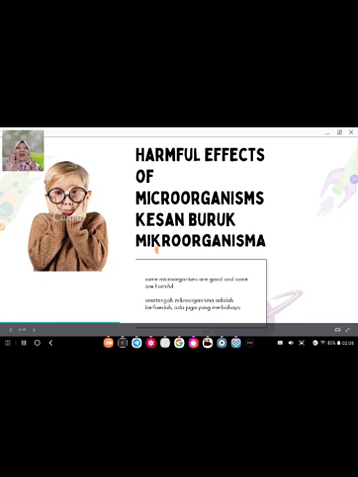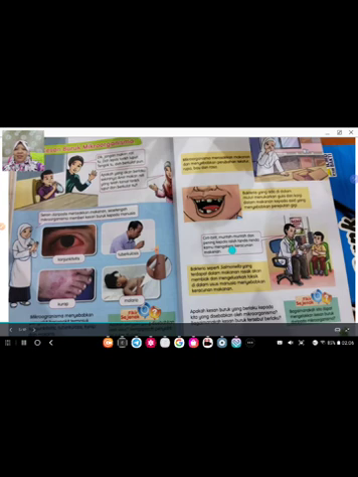Okay. Now we are going to learn about it. Some microorganisms are good. Alah, yang minum tu, yogurt drink. And some microorganisms are harmful, which can cause you some bad effects. So, now we move on to the harmful effects of microorganisms.